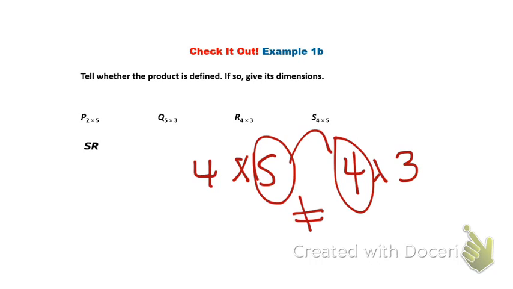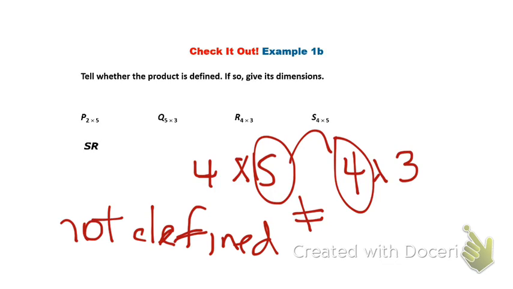They do not equal each other, so not defined. Okay. So here are some examples of whether we have defined matrices so we could actually multiply them, or if they are not defined, then we cannot.